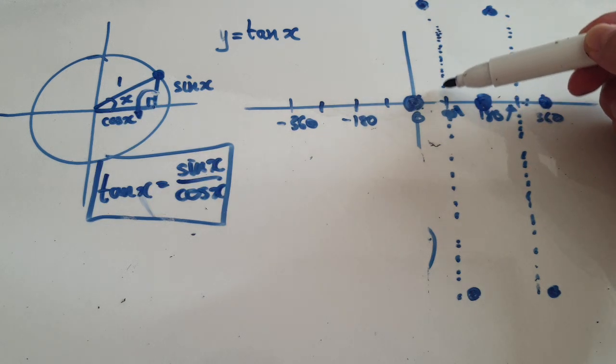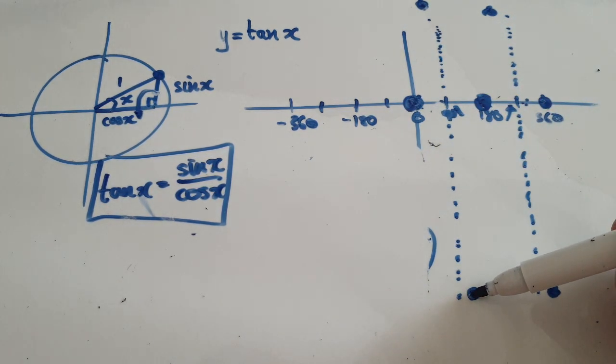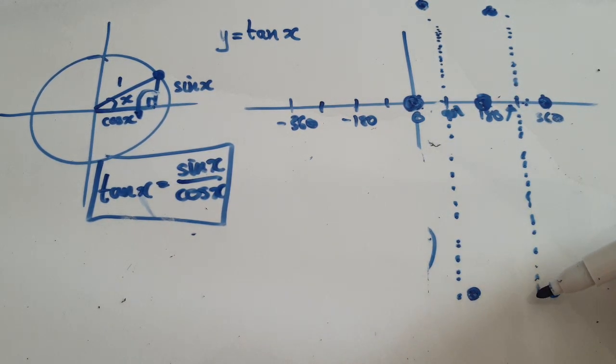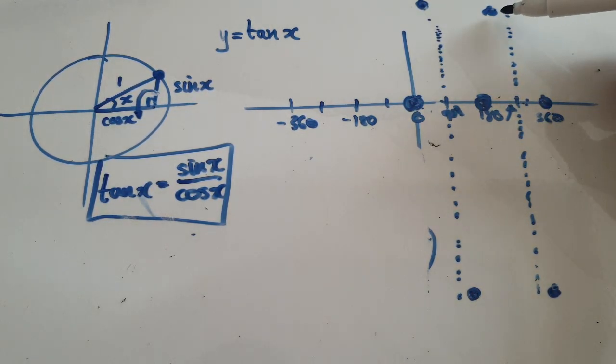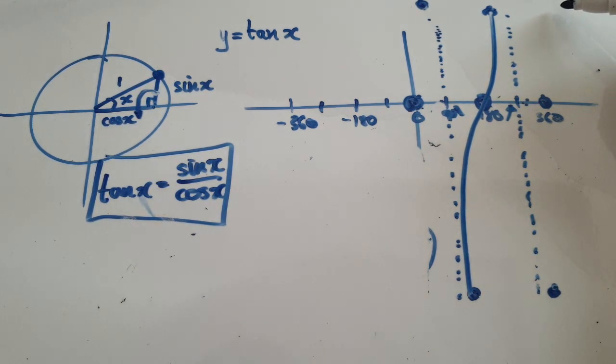Dead on 90, it breaks down. So there's a gap. And then it jumps to negative big, 0, positive big. Dead on 270, there's a gap. And then past 270, it would be very negative big, and then back to 0. As it turns out, the tan graph will look something like this.